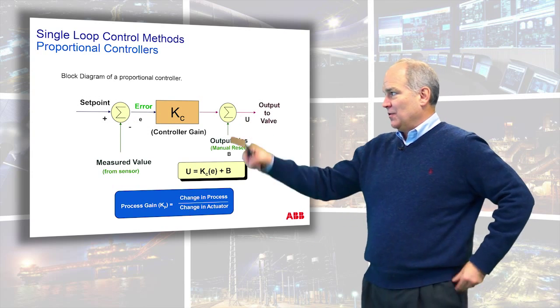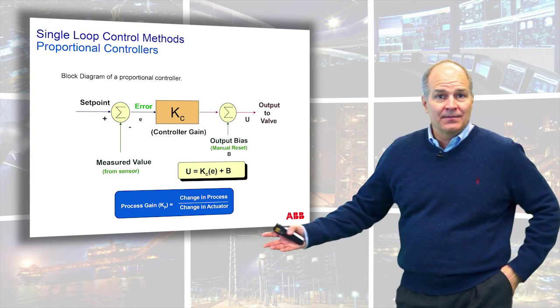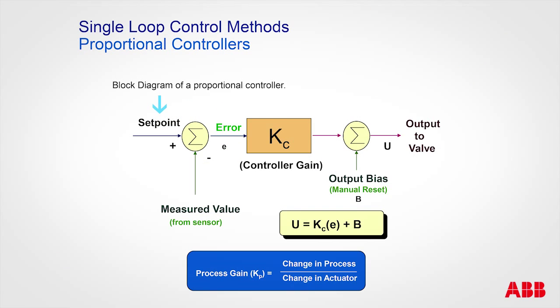And in the simplest form, you'll see me put together block diagrams. This is what a block diagram looks like, where you have a set point and a measured value, and the difference is the error. That's this summation sign. The error is multiplied by a control gain, and the control gain times the error is the output that goes to the valve.